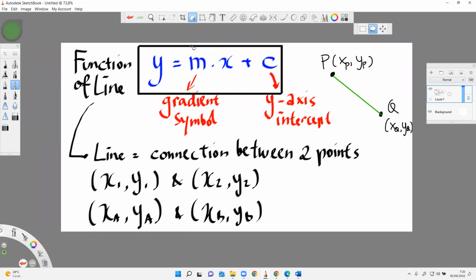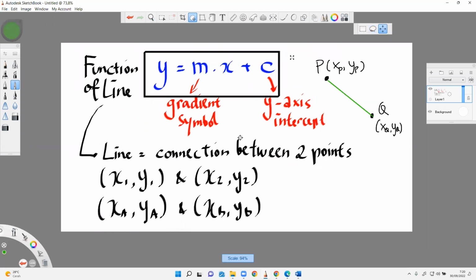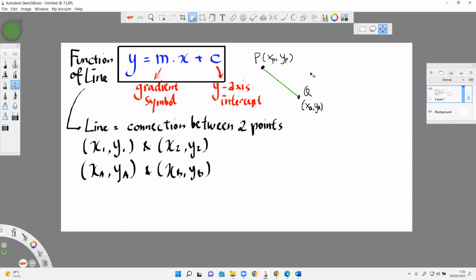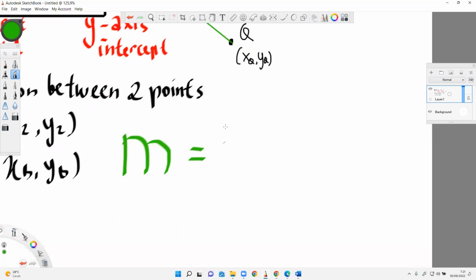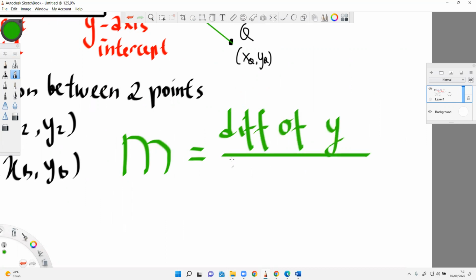So how do you find the formula of the gradient? The gradient has a specific formula. The formula of the gradient m equals, keep this in mind, take note, the difference of y. Wait, don't write it yet. Over the difference of x.